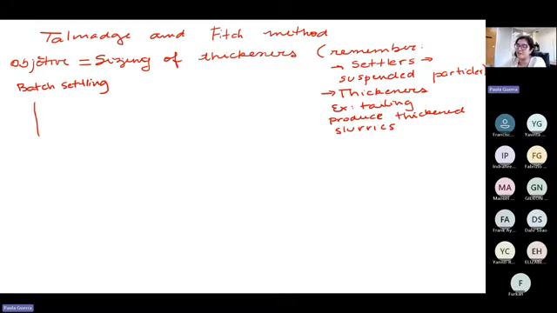So over time, in a settling column, at T equals 0, when we start the experiment, we have a column with a certain height H0, with suspended particles uniformly dispersed.